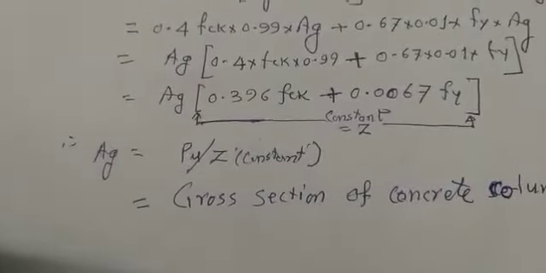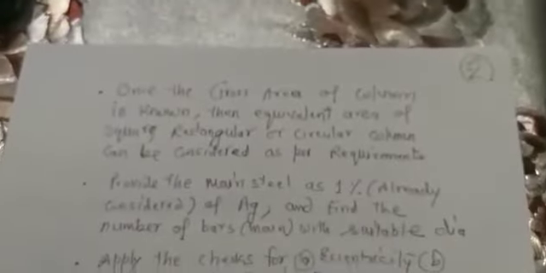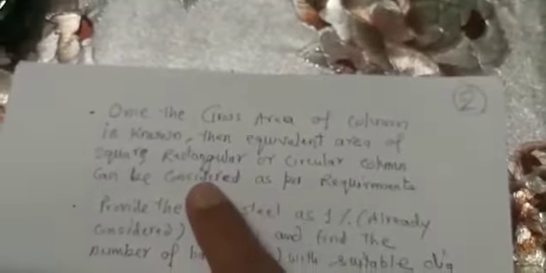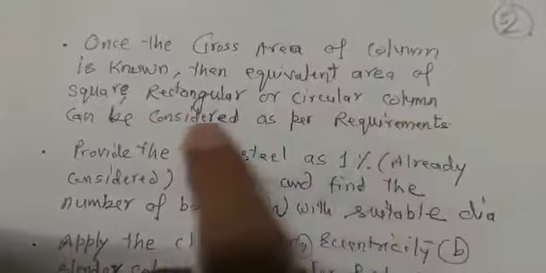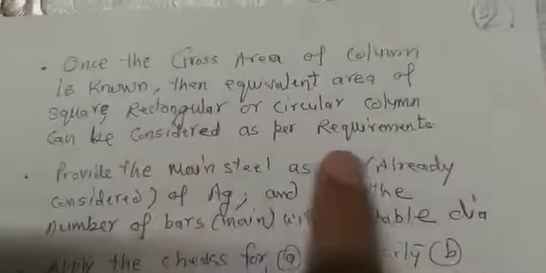The gross cross-sectional area of the column can be calculated very easily using this expression. Once the gross area is known, the equivalent area, as a square, rectangular or circular column, can be considered as per the requirement.